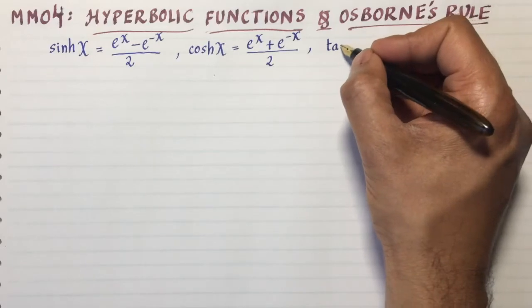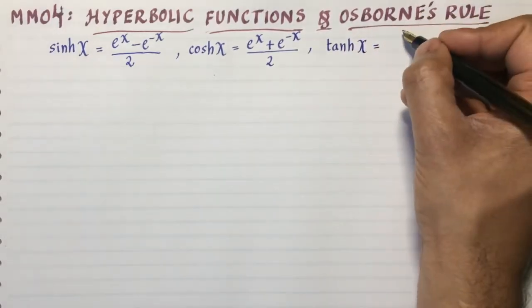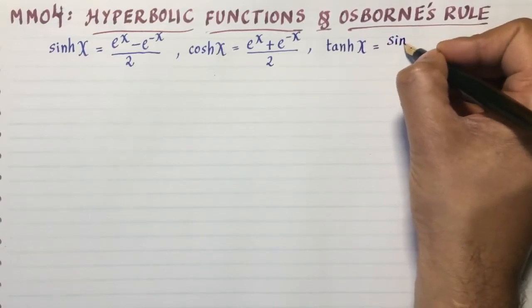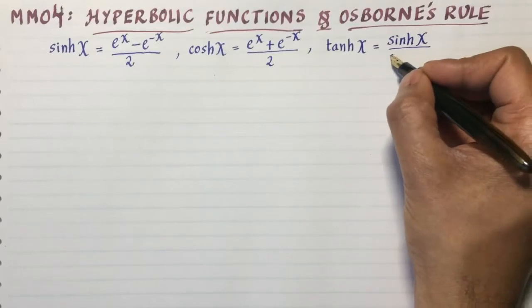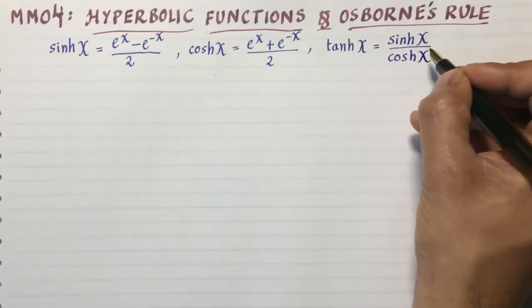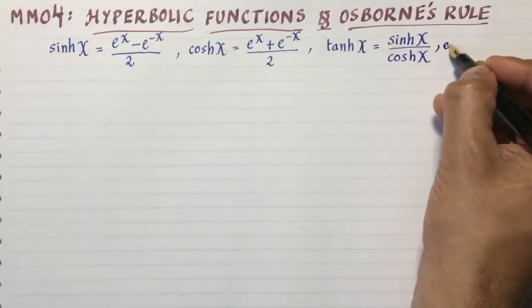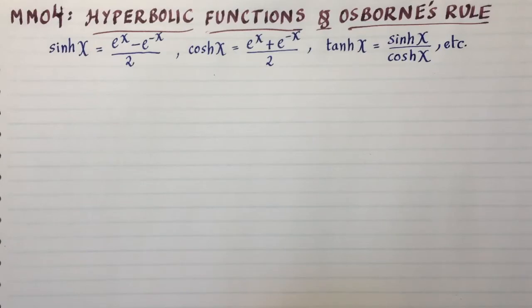For example, tan hyperbolic is sinh over cosh. Very similar to trigonometric functions, so I won't write the rest. I would refer you to any book on calculus for a review.